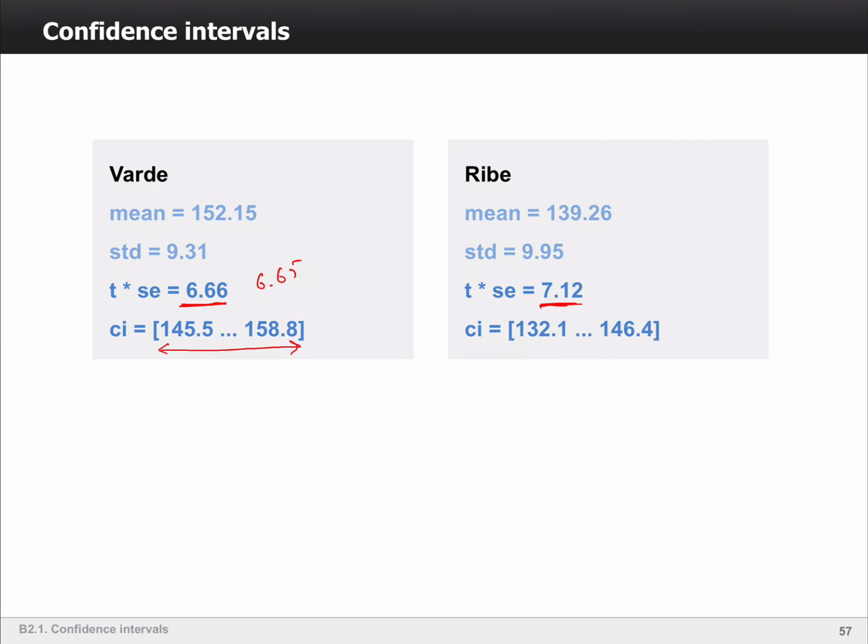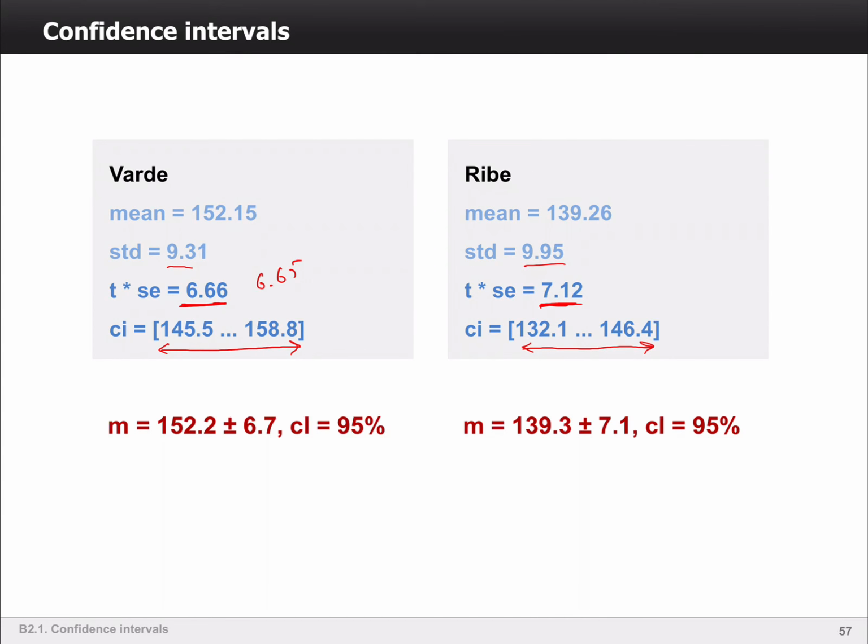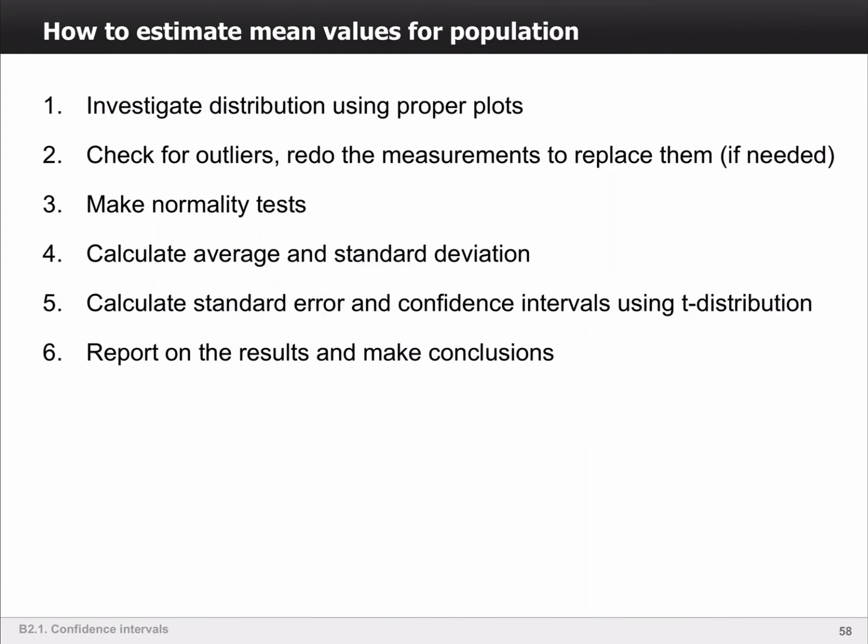I've got a little bit larger error margin because if you compare the standard deviation for Riba, it is a bit larger for the sample, and the size of the confidence interval is also a little bit larger. In Riba, I've got 132.1 to 146.4 milligrams per liter. So that's how to calculate confidence intervals for the average values.